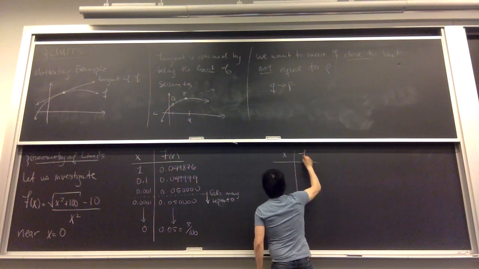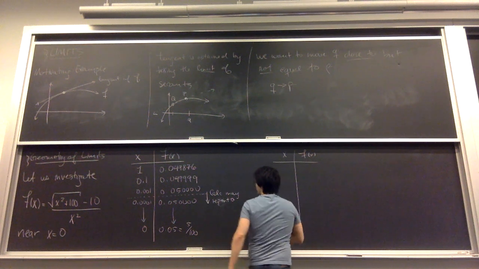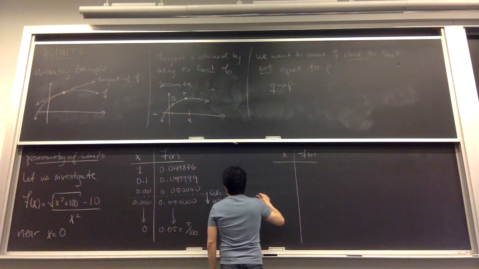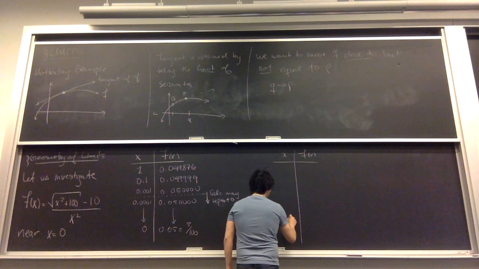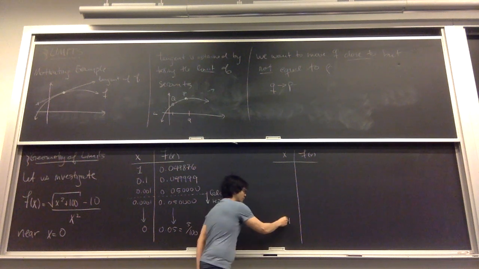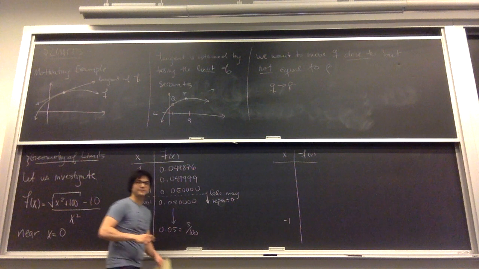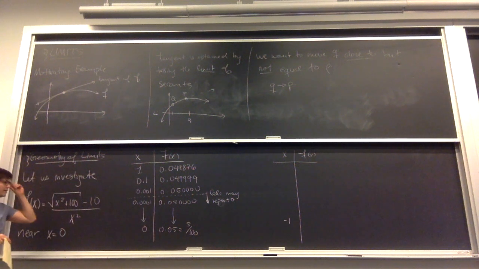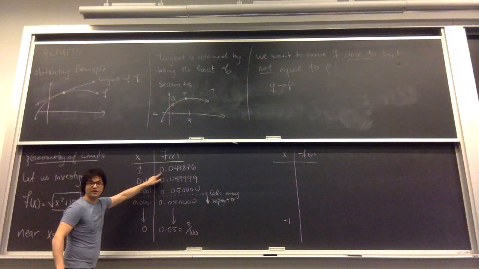This is f of x. So let's do negative values. I'm going to move up this time, it will make more sense. If I put in minus 1, what do I get? You have to think smart, not hard. Minus 0.049876. It's exactly this, yeah? How did you know that?